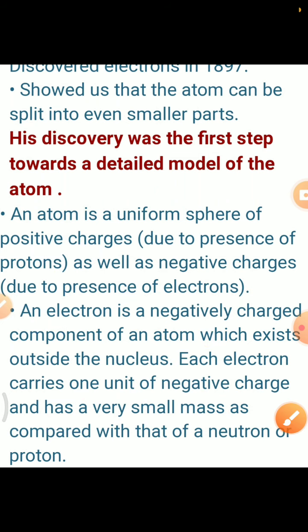So it is nothing but neutral. Means an atom, till now it was told that it is neutral.